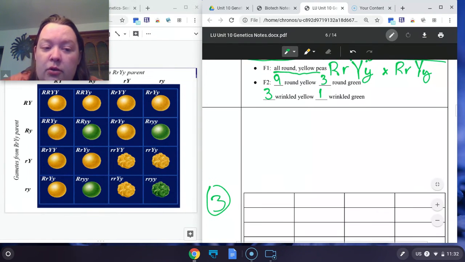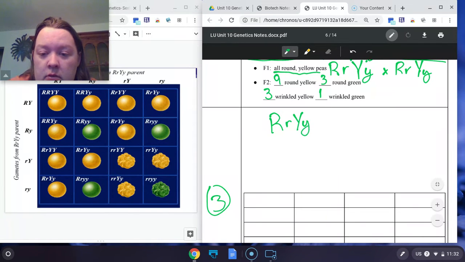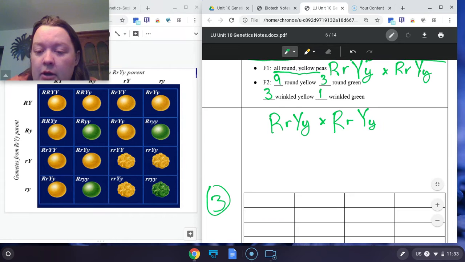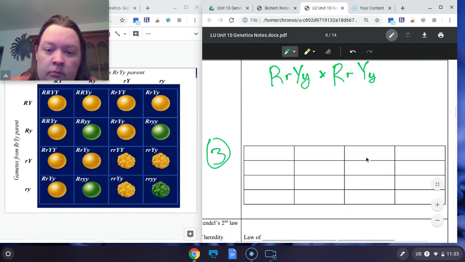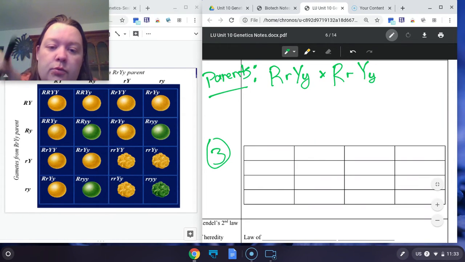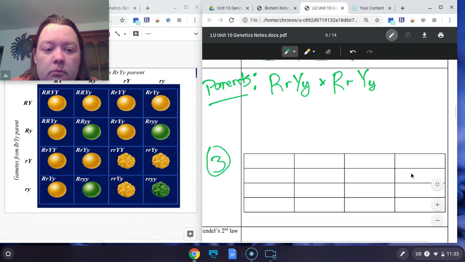The cross that we are going to draw out is going to be the one that we listed right above. We're going to draw out the cross for creating our F2 generation. So these are going to be our parents. And we're going to look at how we would draw out this cross.